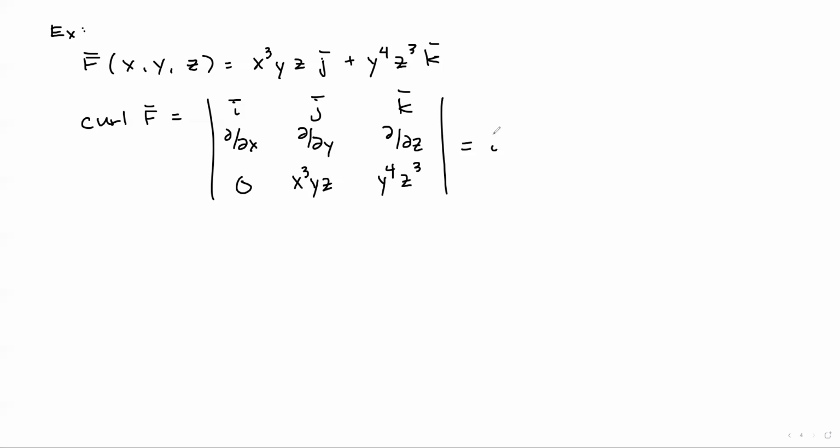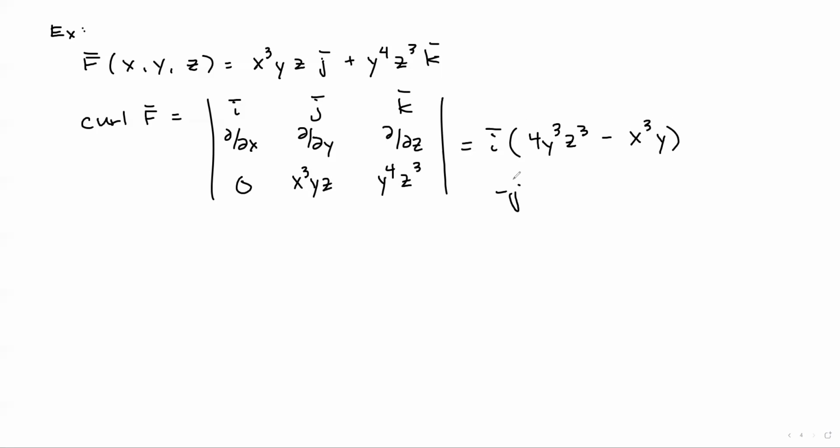All right, and so we get i, and then the partial of y to the fourth z to the third with respect to y. We're going to get 4y to the third z to the third, minus the partial of x cubed yz with respect to z, x cubed y.